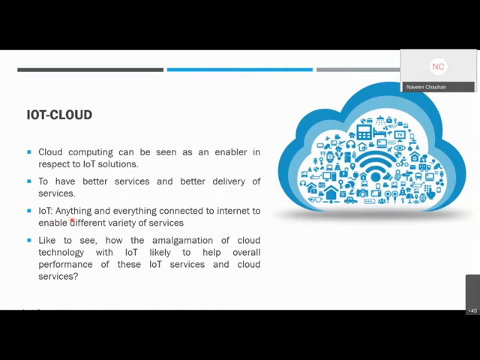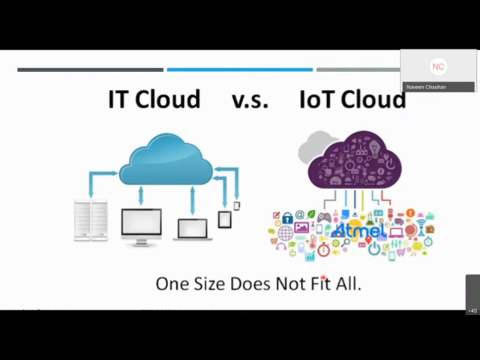IoT is what? IoT is anything, everything connected to the internet to enable a variety of services. And anytime, anything where we have a pool of resources available to us is called cloud computing. We would like to see how the amalgamation of cloud technology with IoT is likely to help the overall performance of these IoT services and the cloud services.